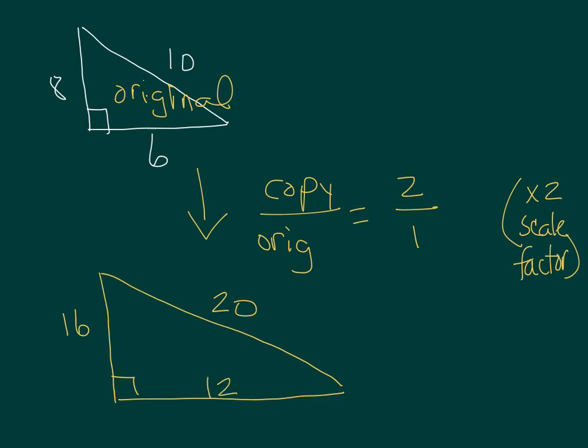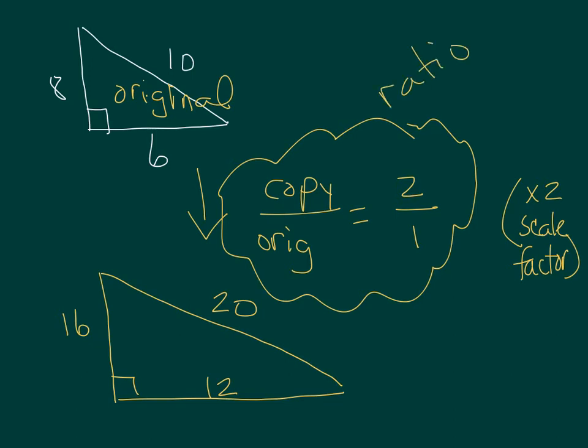So that is how you create similar shapes. This is best done on a piece of graph paper because then it's to scale and you can see it better. But I wanted to make sure you understand the whole copy over original thing. This is also called the ratio.